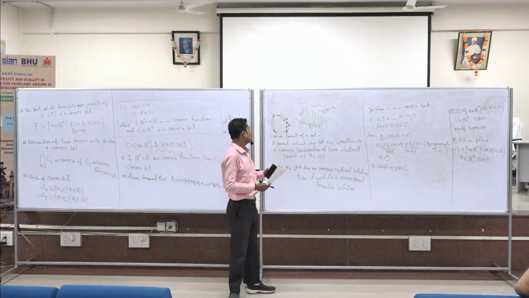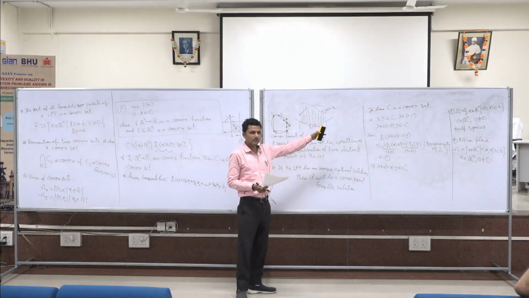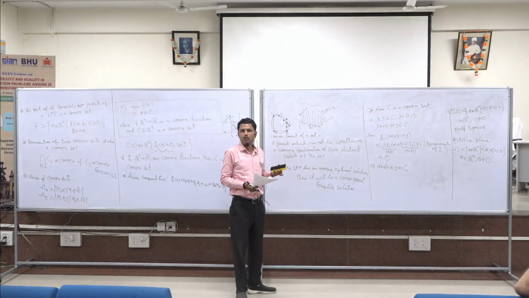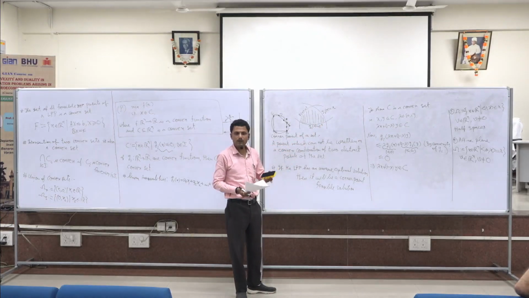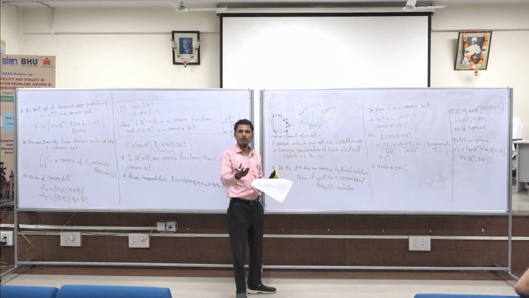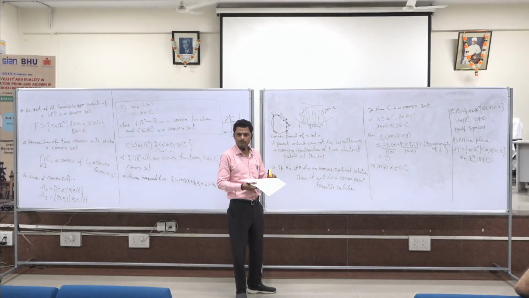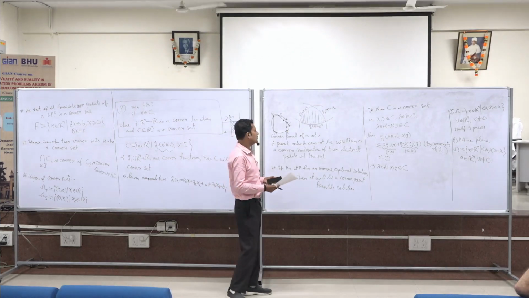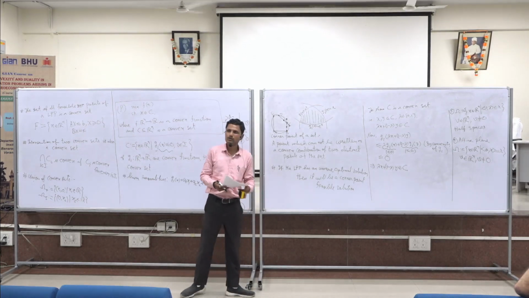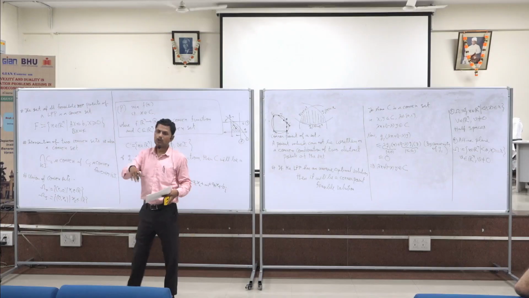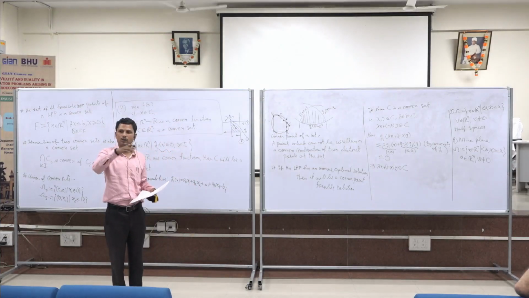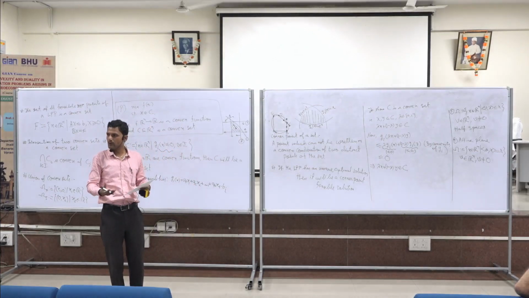Or maybe you can replace these convex functions by quasi-convex functions and then try to find out whether you are able to get a convex set or not. For example, if we have a quasi-convex function, the lower level set will always be convex. So that is another example of a convex set.